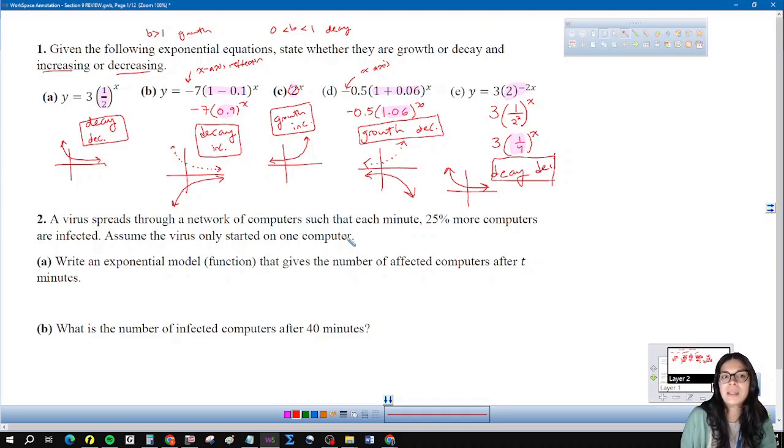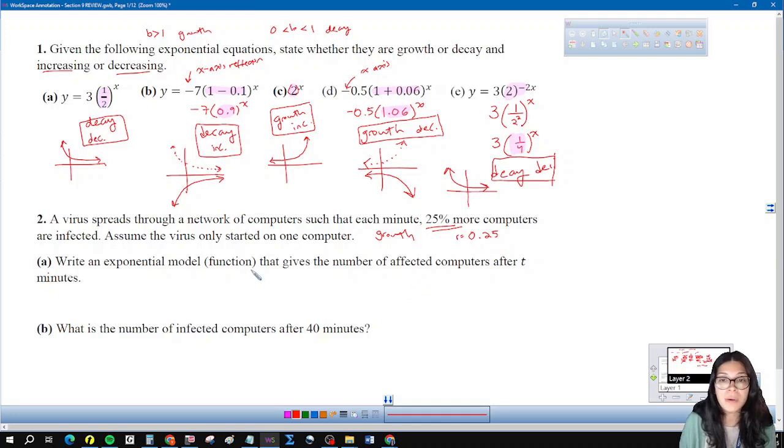But nothing is actually going down. The infection is going up. More and more computers as time goes on are getting infected. So this is actually a growth problem. The rate that it's being infected is 25%, which would be 0.25 as a decimal.